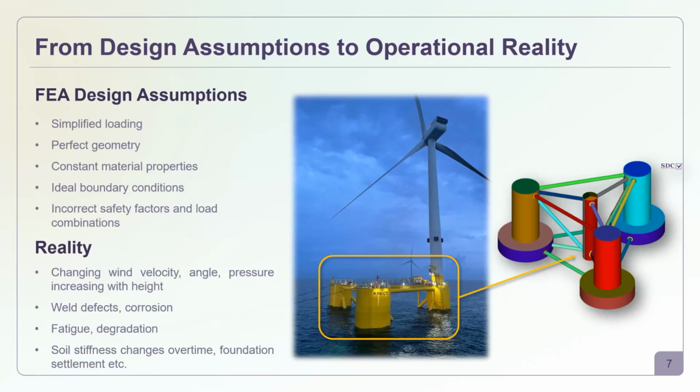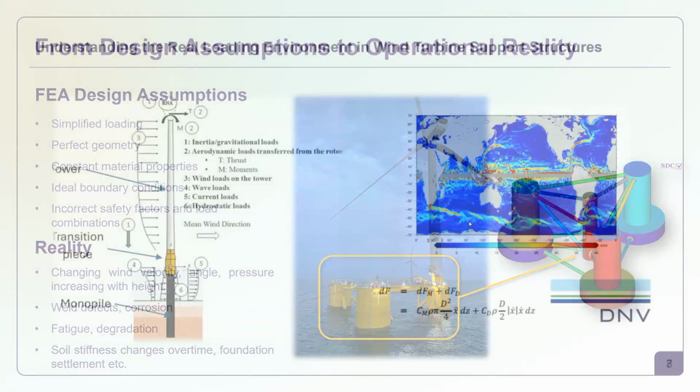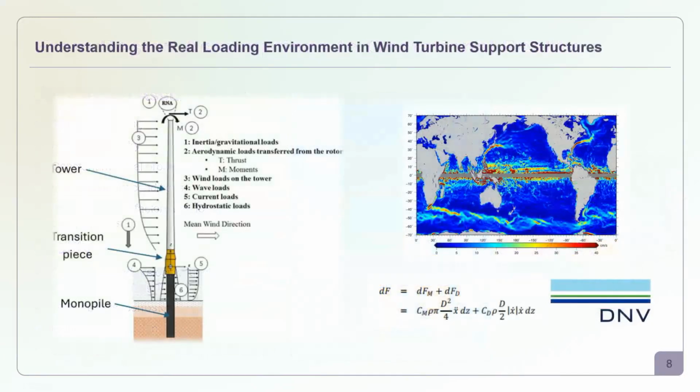So let's now take a look at how these structures are basically loaded. So the main loads that are acting on the wind turbine support structures are environmental loads, and the primary source is aerodynamic loads, which are generated by the wind.